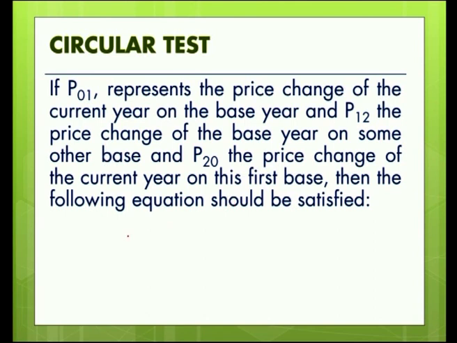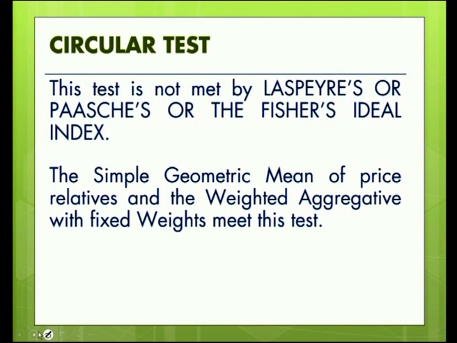We see that P01 into P12 into P20 should be equal to 1. This test is not met by any of the most commonly used methods, that is Laspeyres or Paasche or Fisher's ideal index number. The simple geometric mean of price relatives and weighted aggregative with fixed weights meet this test.